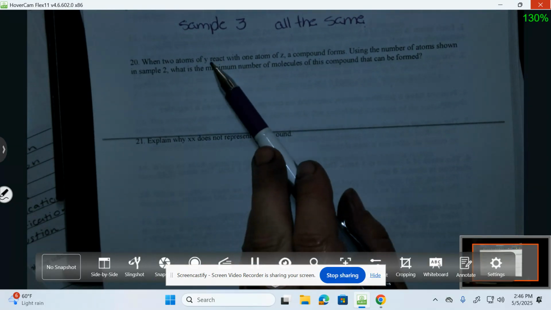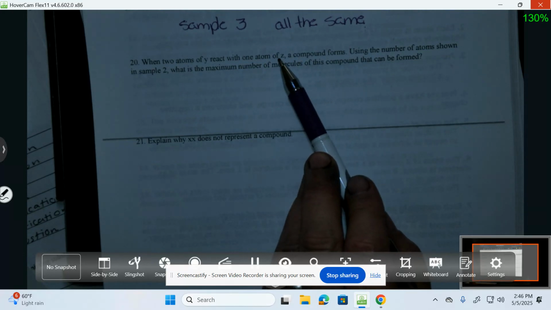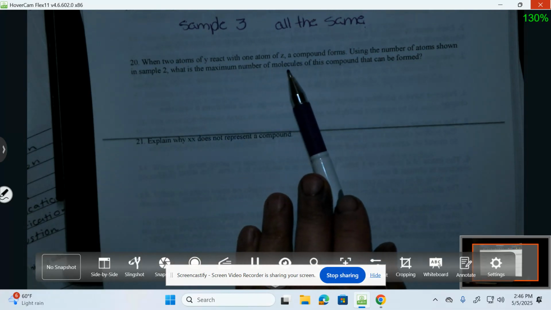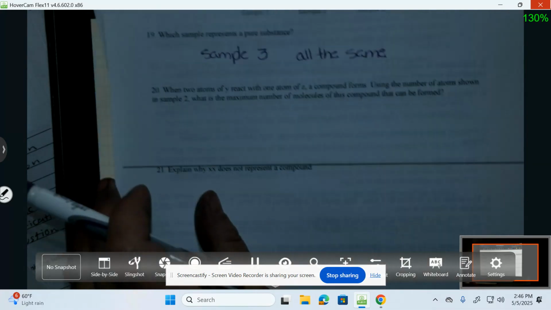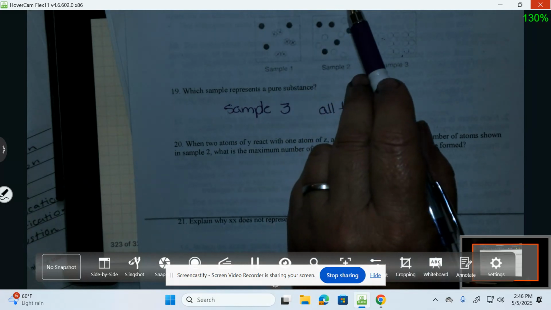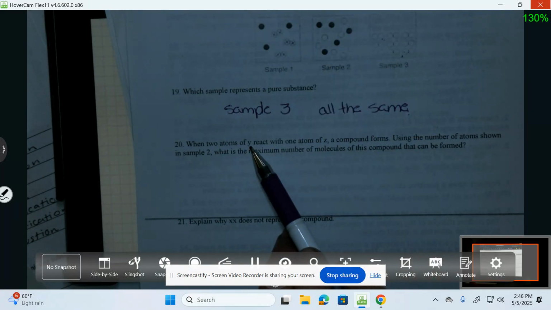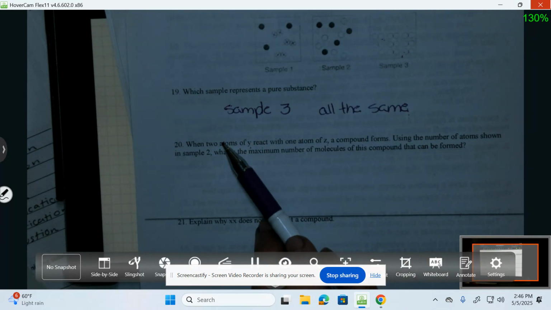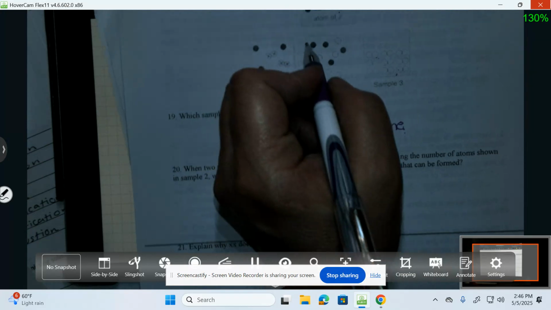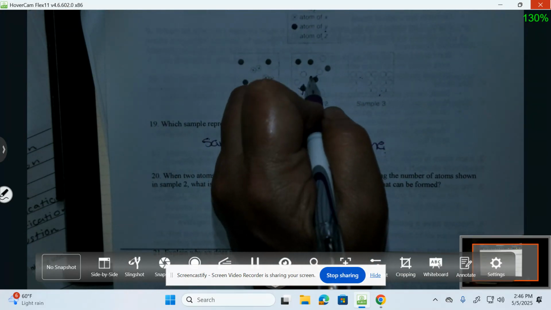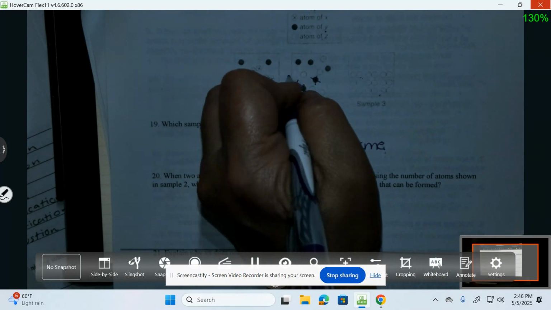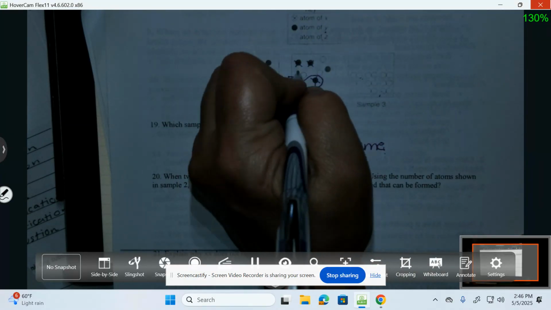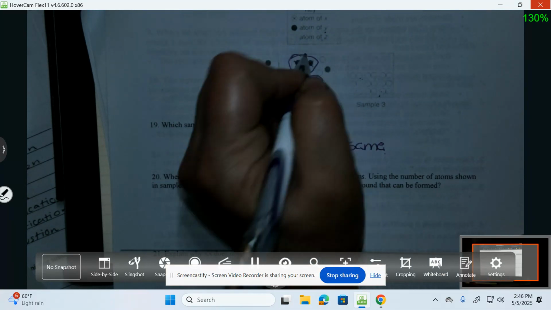When 2 atoms of Y react with 1 atom of Z, a compound forms. Using the number of atoms shown in sample 2, what's the maximum number of molecules that this compound can form? Alright, so Y is the black ones, and Z is the white ones, and I need 2 Y, so 2 black ones. 2 black ones and 1 white one will give you a compound.